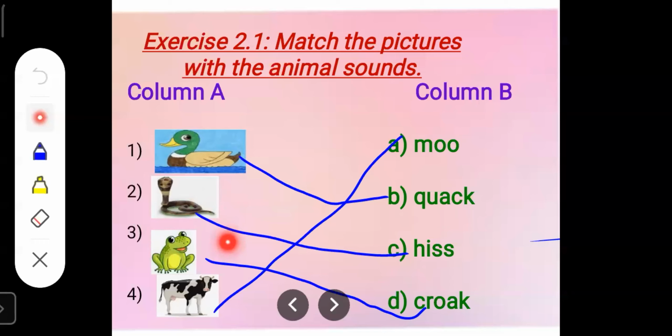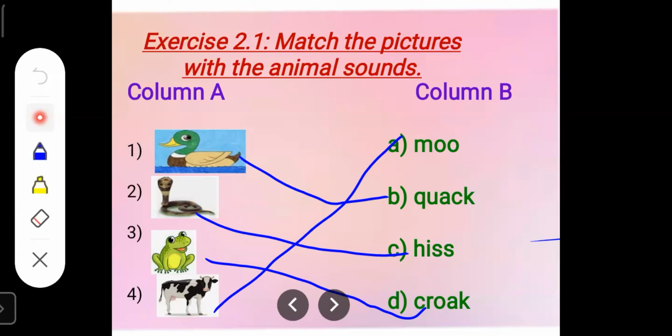The sound made by a frog is called croak. So we have matched frog with croak. Next is cow. The sound made by a cow is called moo. So we have matched cow with moo.